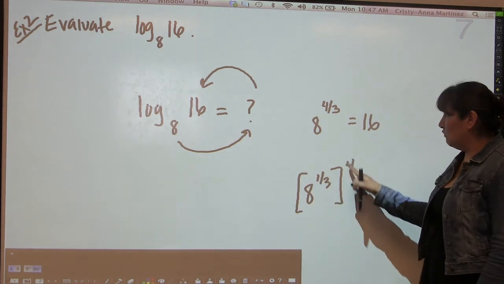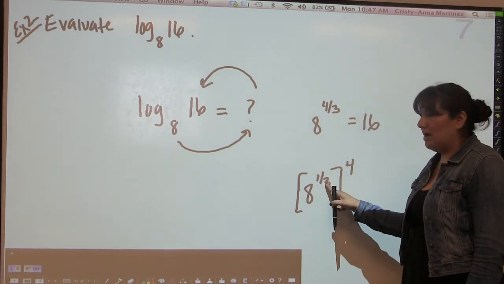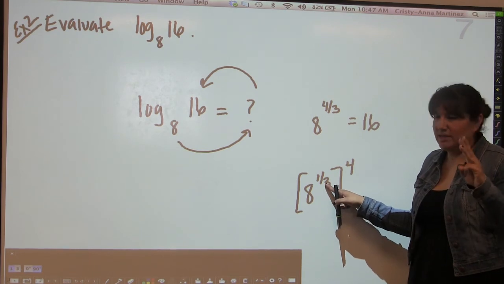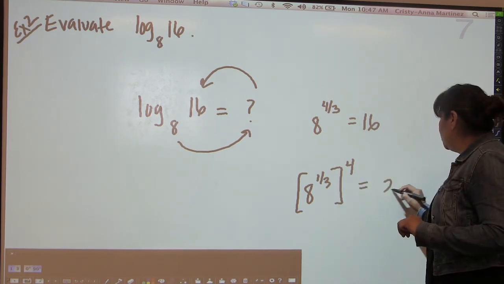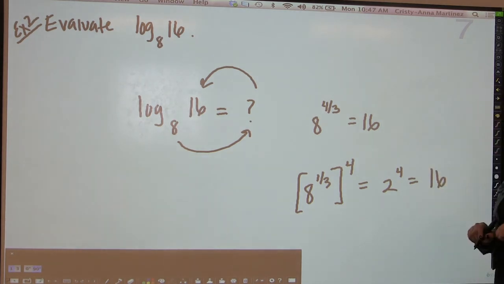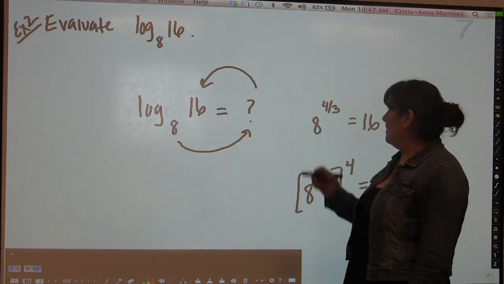Because 1/3 times 4 is 4/3, correct? So 8 to the 1/3 power is the cube root of 8, which is 2, because 2 times 2 times 2 is 8. So really what we're saying here is 2 to the 4th, which is 16, right? So it is true that 8 to the 4/3 power equals 16, so the answer for this is 4/3.